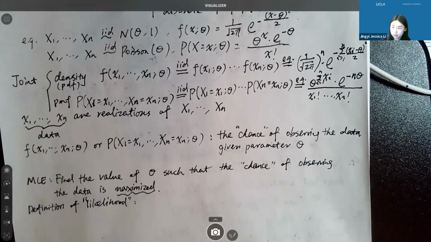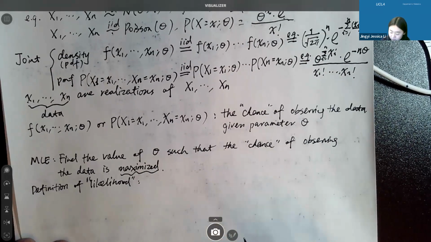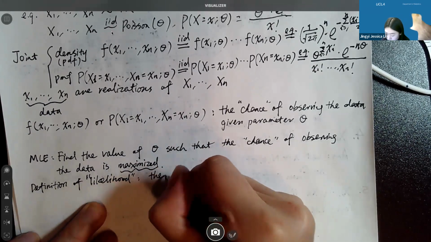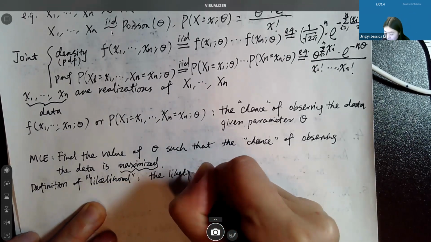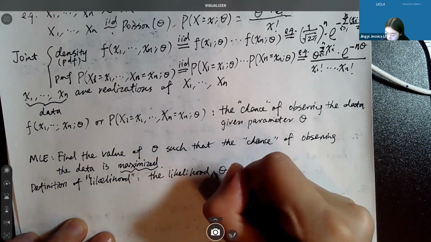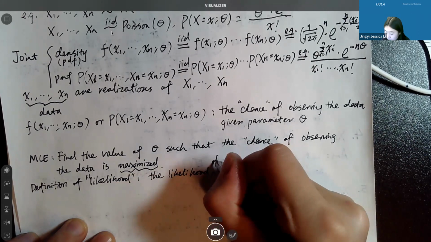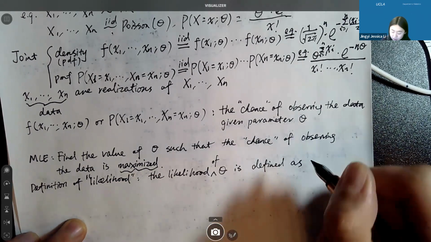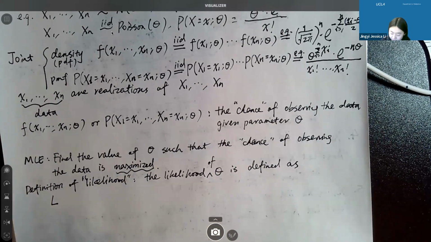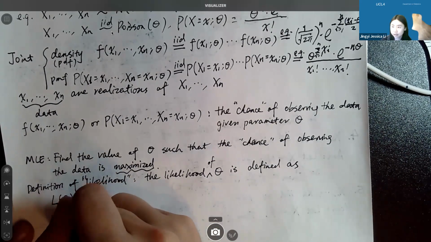Okay, likelihood. We define the likelihood of theta, where we use this capital L to mean the likelihood function, as a function of our parameter value theta.